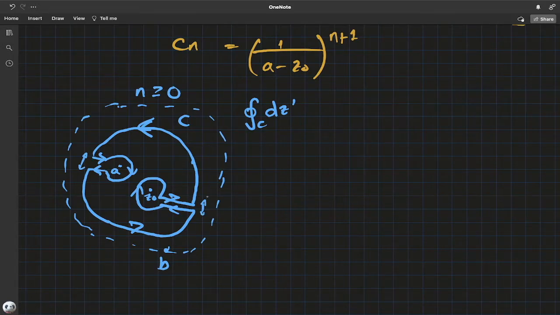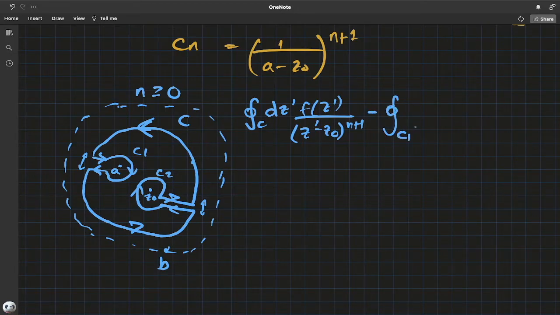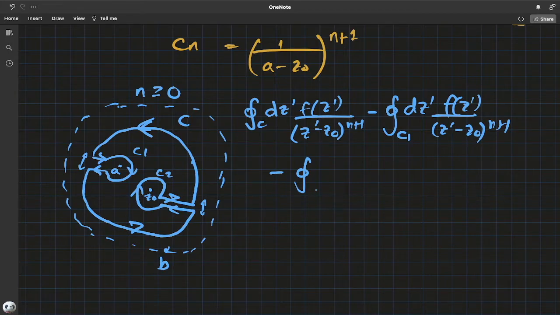So with f of z prime over z prime minus z naught to the n plus first, call this C1 and call this C2. When we go in C1 in a clockwise direction, we have to take a negative by convention. So C1, same integrand dz prime f of z prime over z prime minus z naught to the n plus first, minus, again clockwise for C2, dz prime f of z prime over z prime minus z naught to the n plus first.